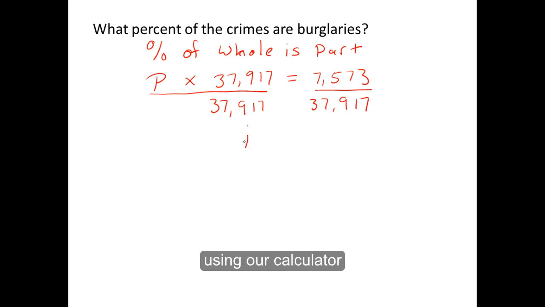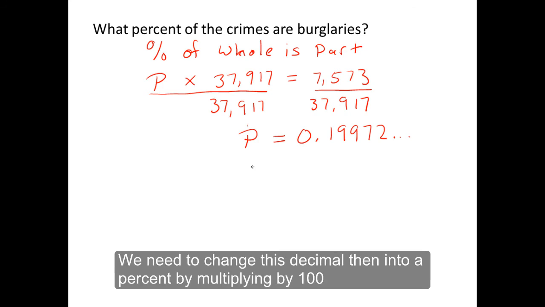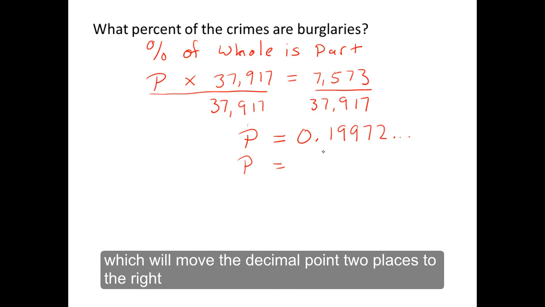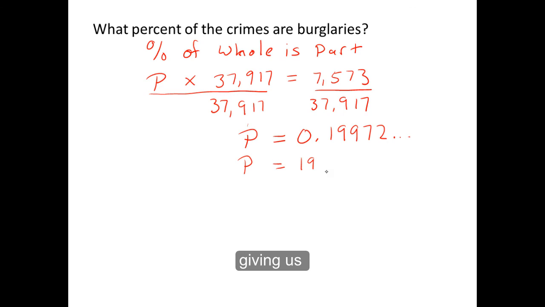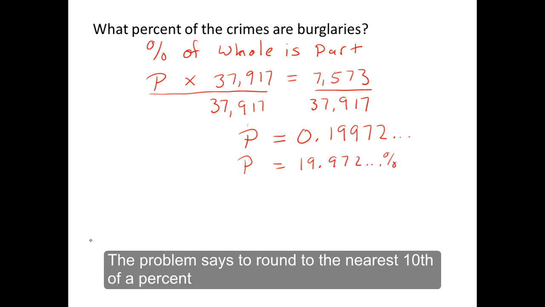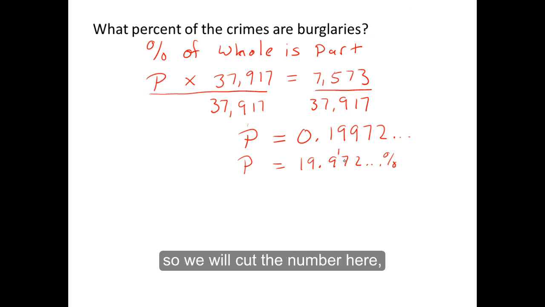Using our calculator, we get P equals 0.1997. We need to change this decimal then into a percent by multiplying by 100, which will move the decimal point 2 places to the right, giving us 19.972... The problem says to round to the nearest tenth of a percent, so we will cut the number here.